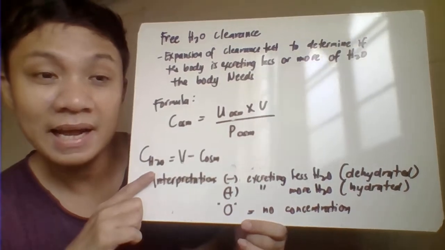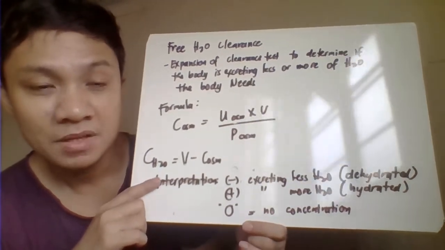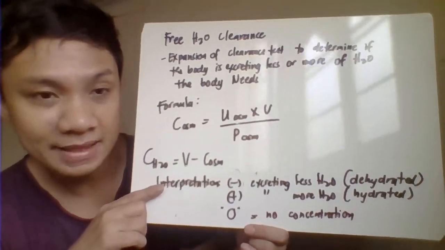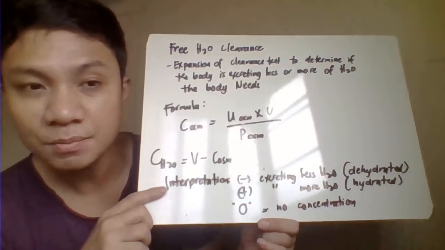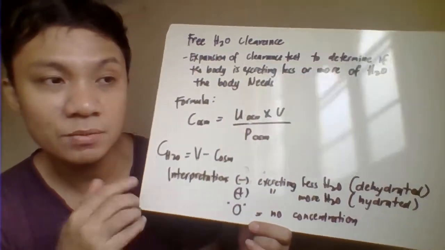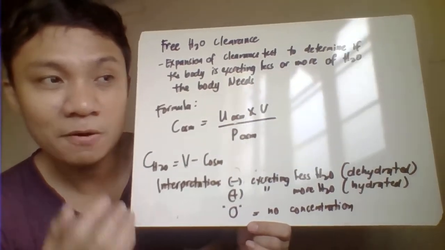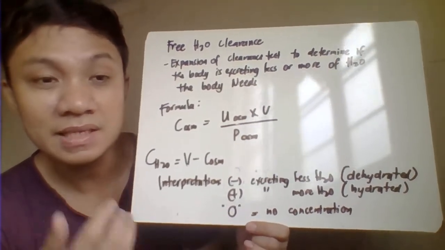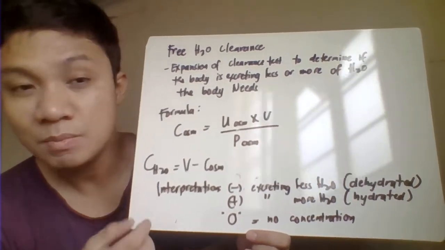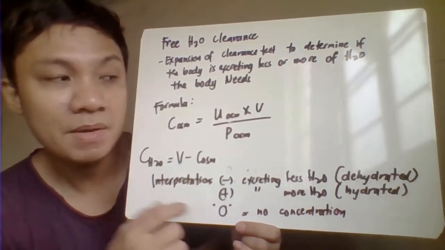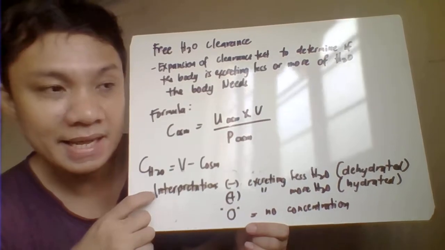Okay, sa kanyang kailangan na tubig sa katawan niya. Mean to say the patient is dehydrated. Pag ang result mo dito ay positive, mean to say this one is more than. So, mean to say sobra sa kanyang water ay ni-excrete niya more than sa what is being needed by the body. So, mean to say the patient is adequately hydrated.